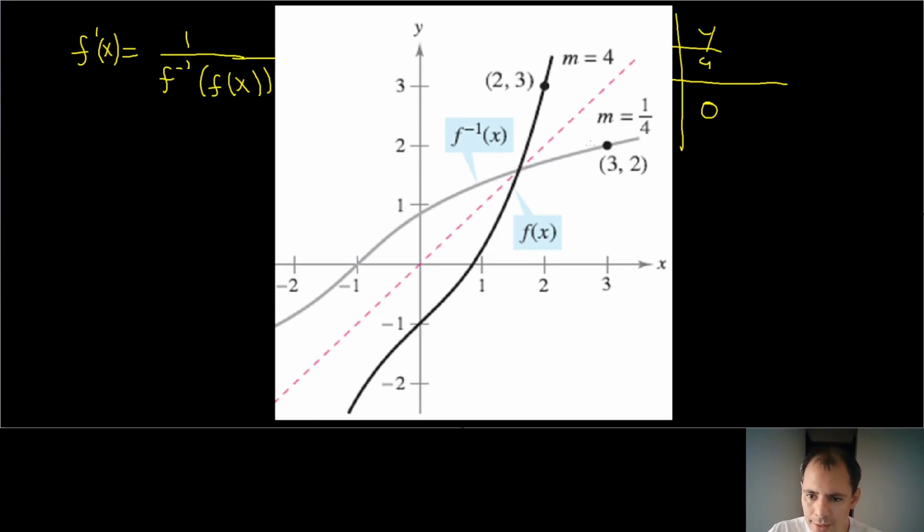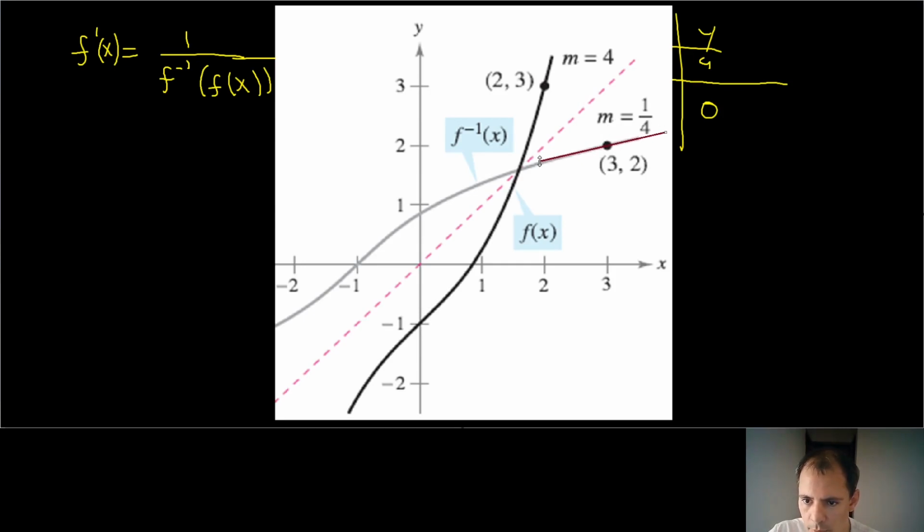Now, because they're symmetric around the y equals x line, the slope has to be reciprocal. Let's say the slope in here is coming like this, just at this point.